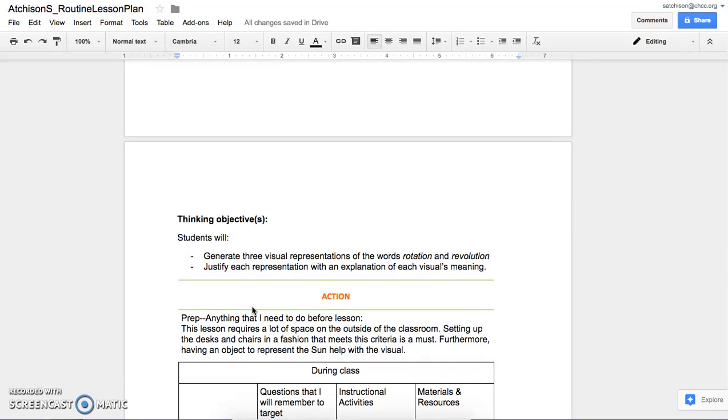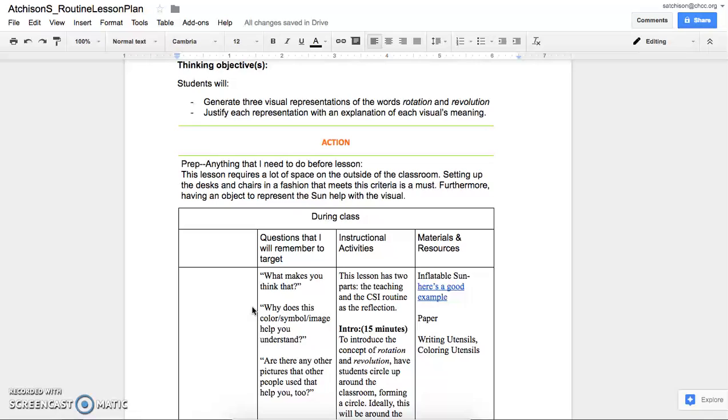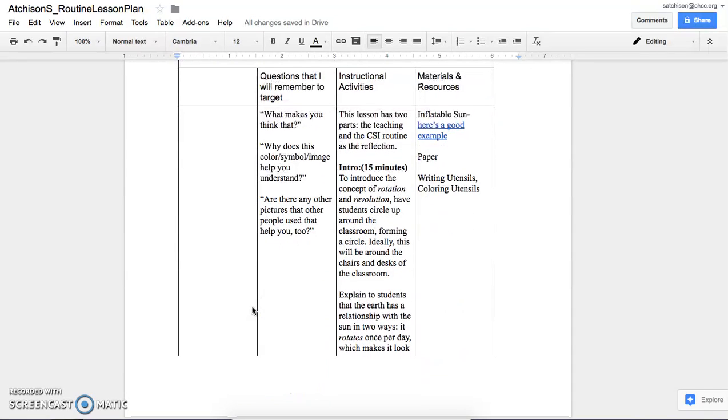Students will stand in that space that surrounds the outside of the classroom space. Having an object to represent the sun can help with the visual for the activity piece. It doesn't matter either way, but if you wanted to use that, I put one in the resources.